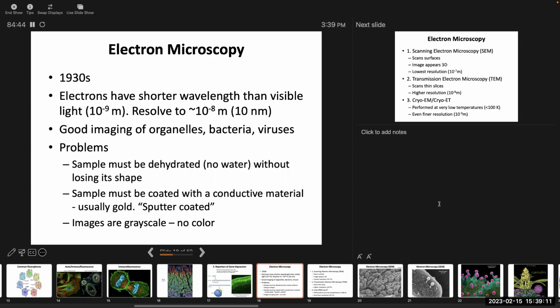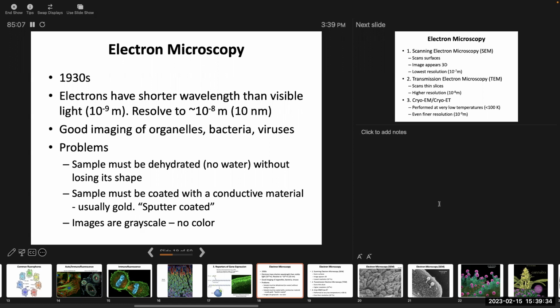Electron microscopy takes advantage of the fact that electrons have a much shorter wavelength than visible light. Remember I said that visible light has a wavelength around 10 to the minus 7 meters, between 400 and 700 nanometers, which means that visible light can only see things down to about that size.